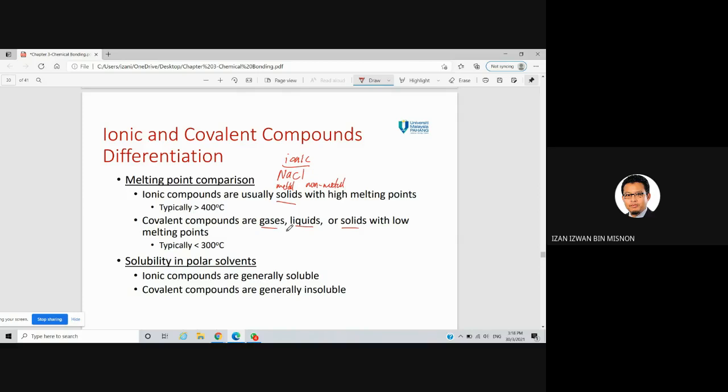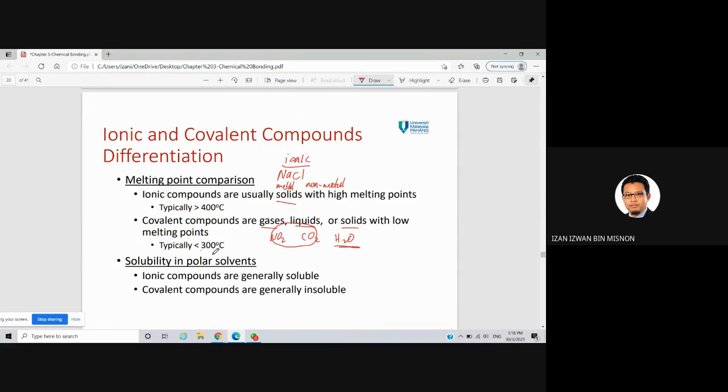Okay, so for example, we have nitrogen dioxide or carbon dioxide or the water molecule. The first two are gases and H2O is liquid. So a covalent compound typically has a lower melting point, less than 300 degrees C, depending on the compound itself.